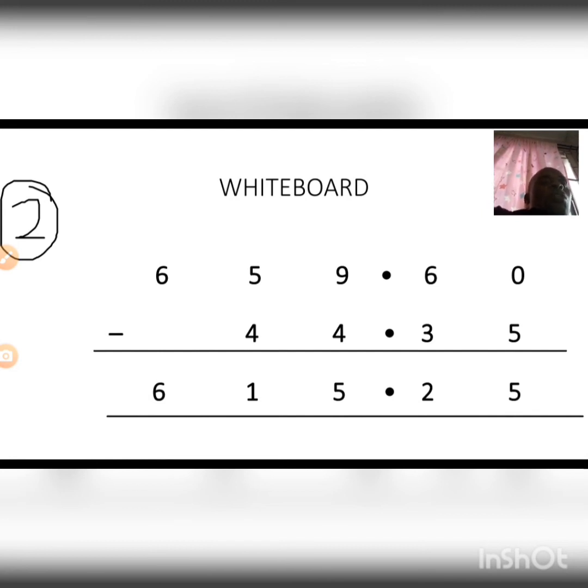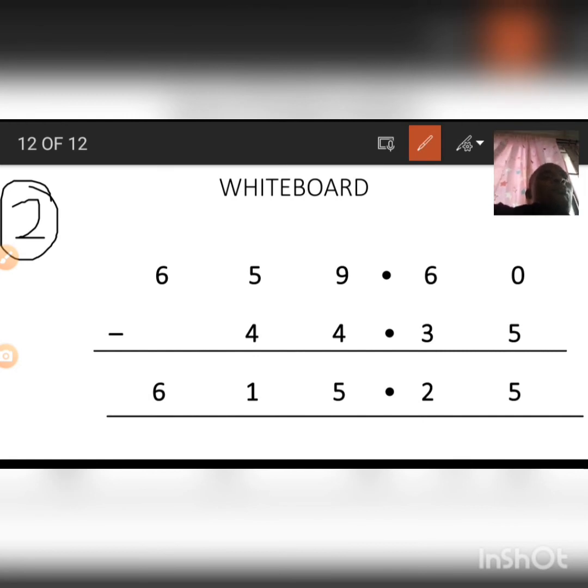So once we are done with this, we draw our lines and start subtraction. To subtract 5 from 0, we know it is not possible. So what we do is to borrow from the 6. And so when we borrow from the 6, we put it close to the 0. So we have our 10. 10, take away 5, we have a 5.